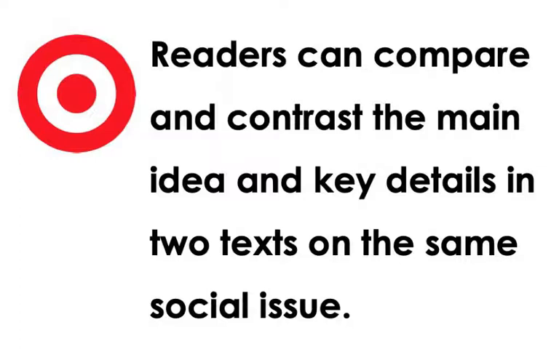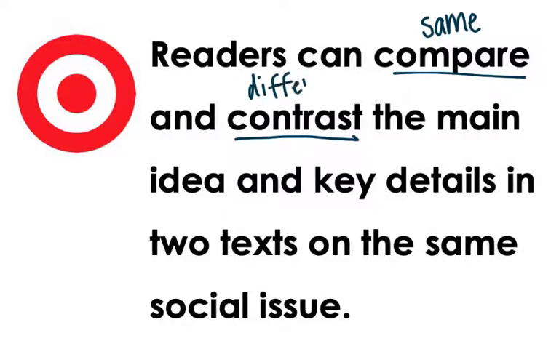All right, as I look through here, I see compare as a word we already know. It's like the same. So contrast must be different. I also see the word main idea. That's what is it about? Mainly about.